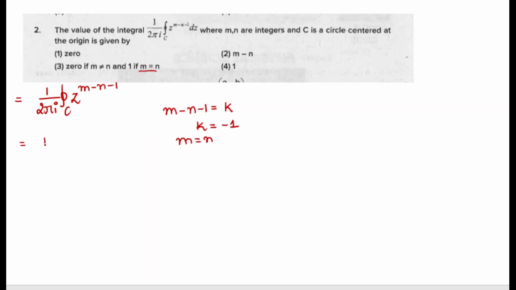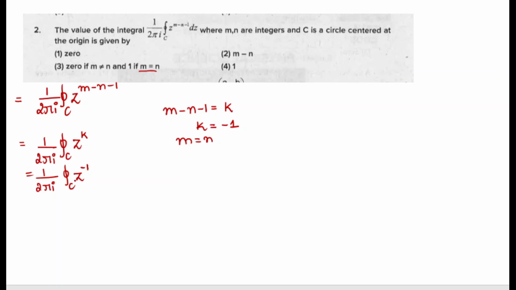It will be 1 divided by 2 pi i closed integral, with m equal to n and k equal to minus 1, of z to the power of k. So I can write it as 1 divided by 2 pi i integral of z to the power of k, which is nothing but z to the power of minus 1, right?